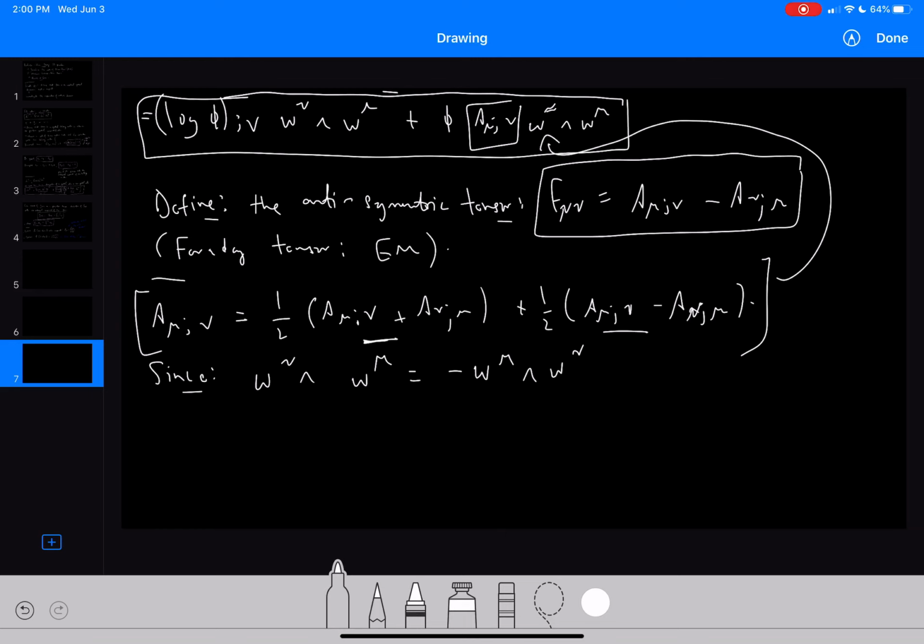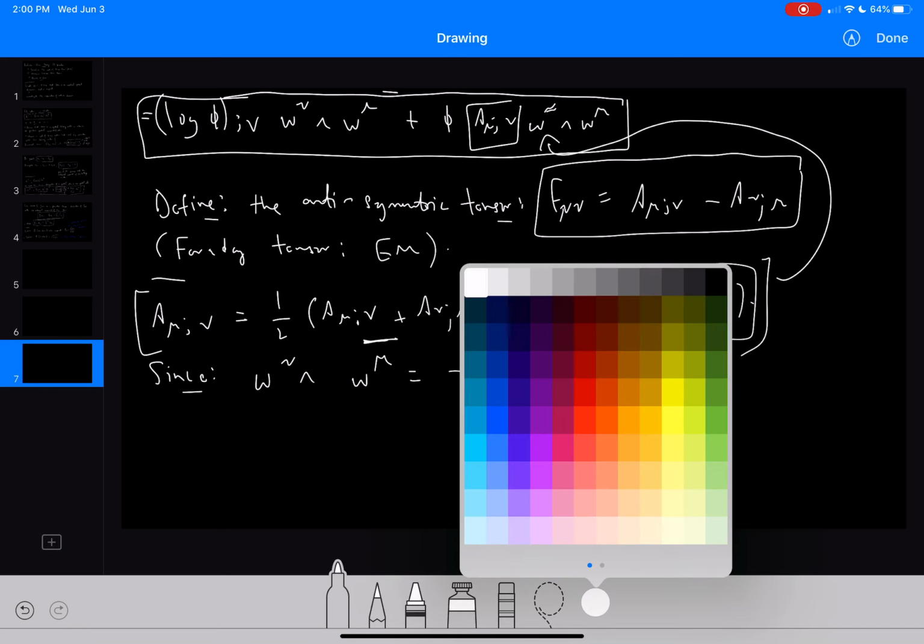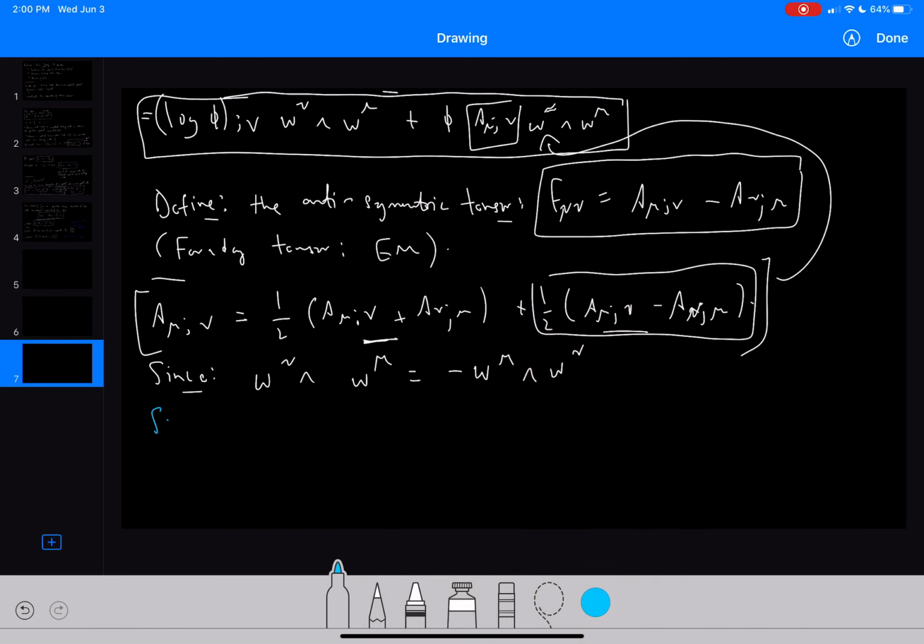So the only thing that gets left over when I substitute it in will be this term here. So given that, I can make that substitution now in my d omega 4. So I have a very interesting result here, which I'll write in a different color. So then simplifying after substitution, I get that my exterior derivative of my form is given by, so the log phi obviously is still there, and that's a good thing, right?